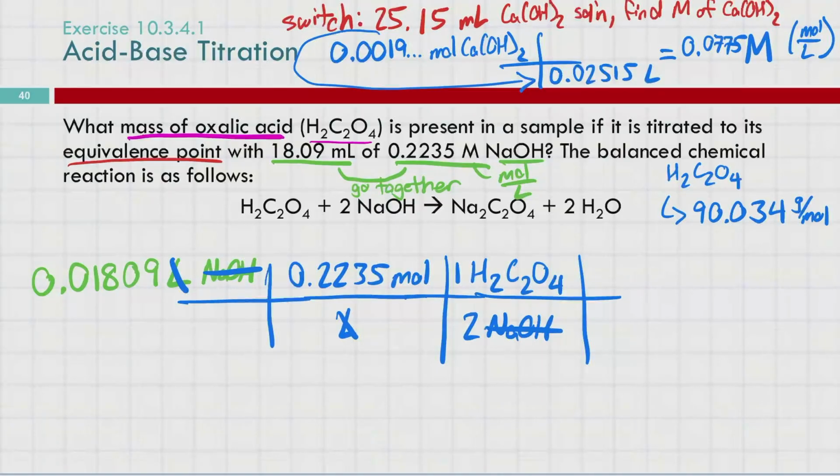And then our last step, since this is the same as the previous problem, we're going to use this grams per mole to get rid of our moles and turn into grams. So 90.034 grams per mole.